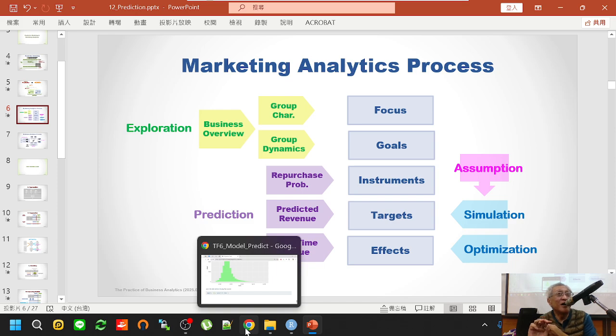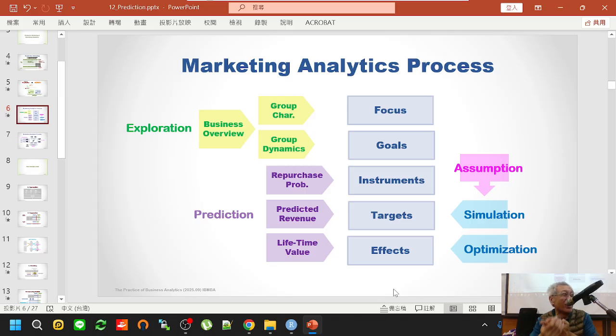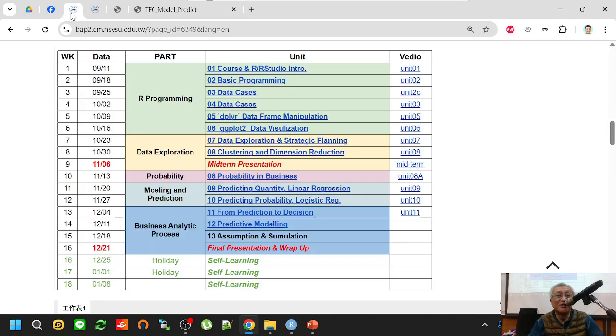Okay, and basically when you do your final, you don't really need to do a different model and do a different prediction, right? I would suggest that, because you don't really have too much time left, right? As we mentioned, after next week we'll also have another class, and after that class you only have like 3 days, 2 days actually, to prepare your final video, right?